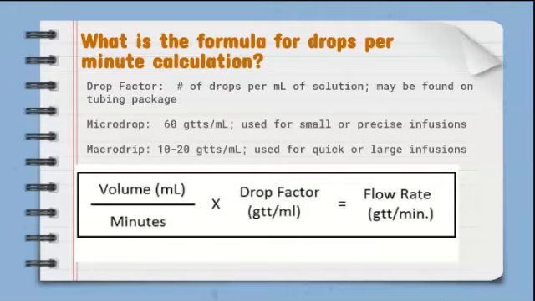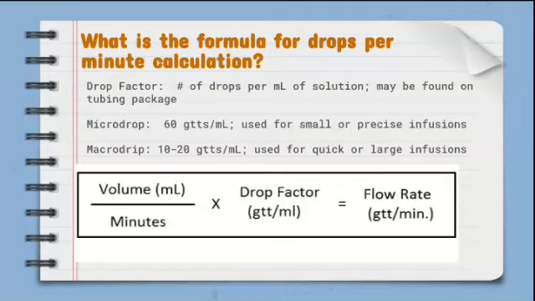So what is drop factor? It is drops per ml of solution. It is usually written on the tubing packets or it will be given in your calculation. If it is not given in the question, you can consider drop factor as 15 GTT per ml if it is a normal set.